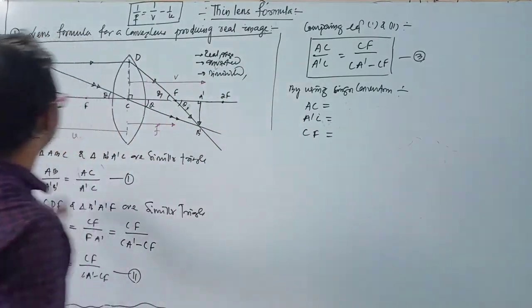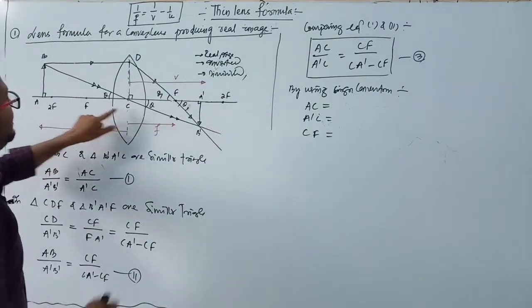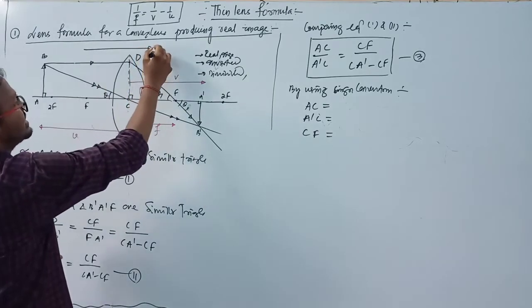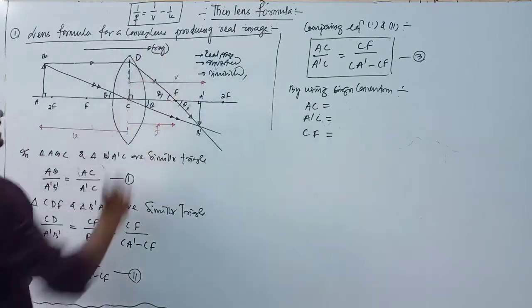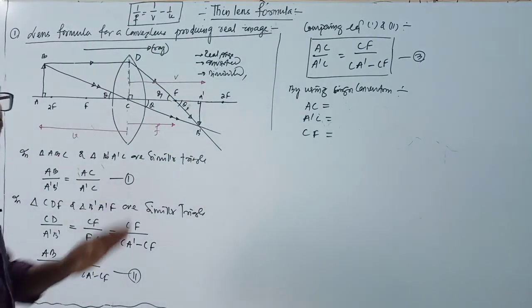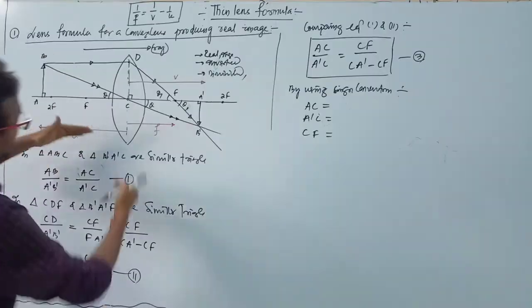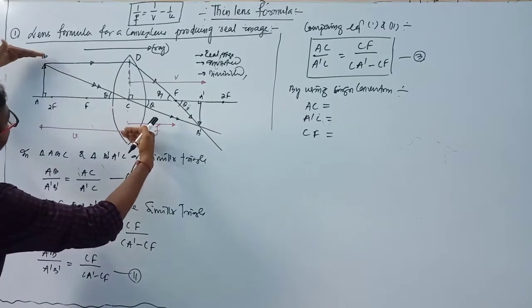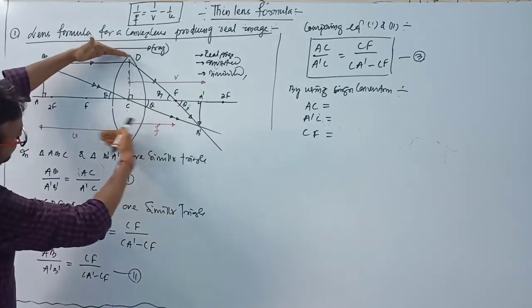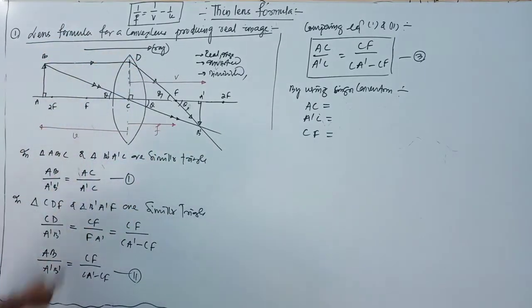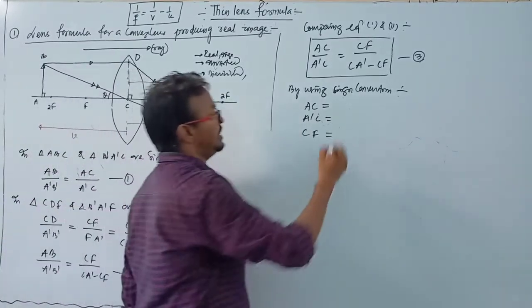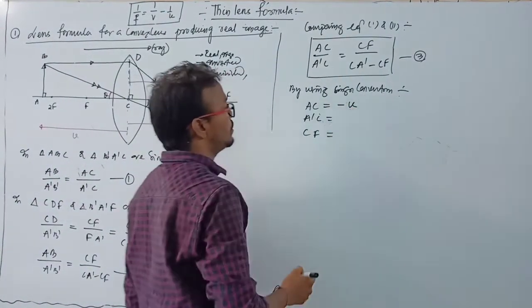First find AC. This distance is in the direction of the incident ray, traveling left to right, but all distances are measured from the optical center, and here we move opposite to the incident ray, so the object distance will be negative, that is minus u.